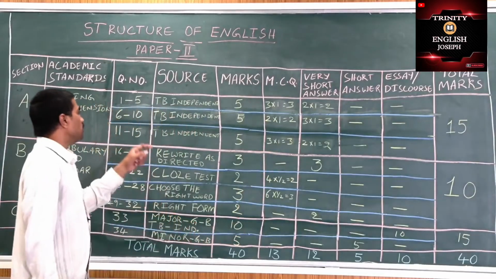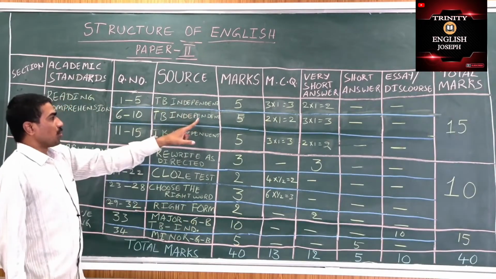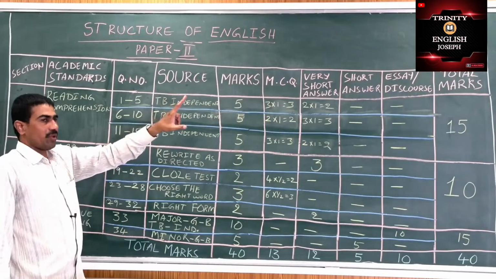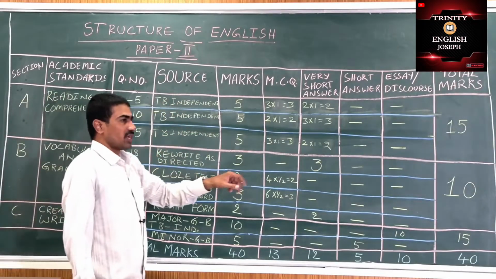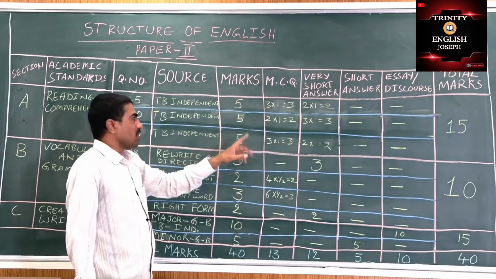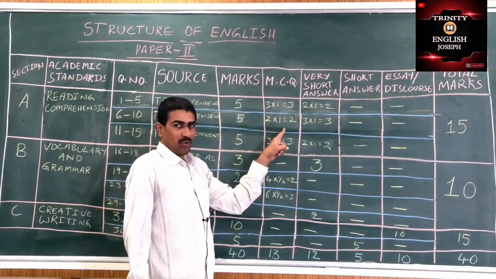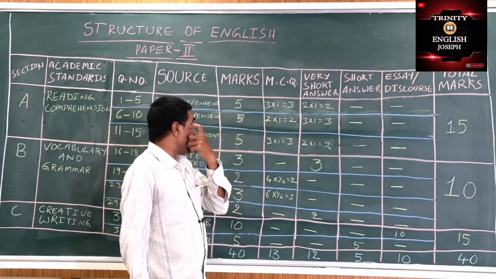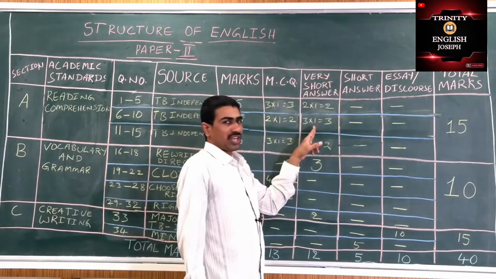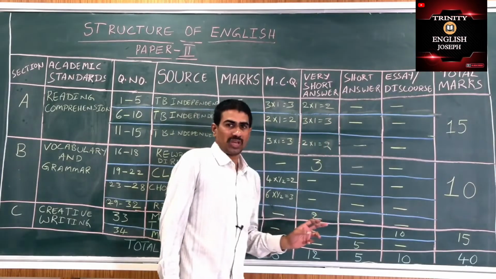If you come here, questions 6 to 10, this is also textbook independent, given from outside the textbook, nothing covered from the textbook, and 5 marks are allotted to this. Here we have multiple choice questions, 2 into 1 is equal to 2 marks, and very short answer questions are 3, so 3 into 1 is equal to 3 marks.